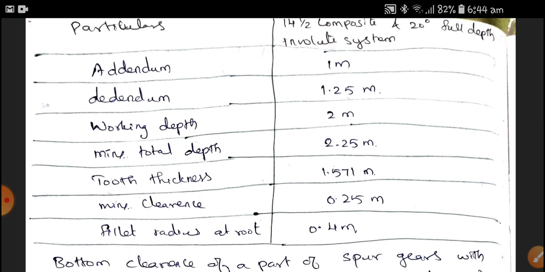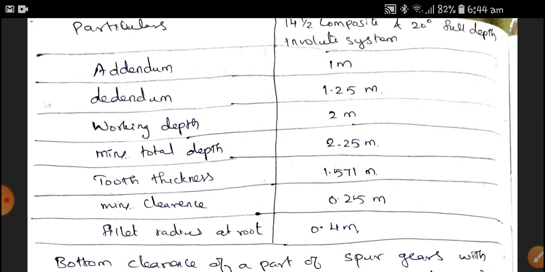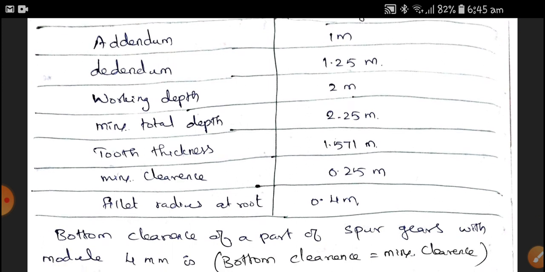First, the addendum of the gear should be one time the module, where dedendum is 1.25 of module. Working depth is equal to 2 module and minimum total depth is 2.25 module, and tooth thickness is 1.571 module, and minimum clearance between the clearance diameter is 0.25 module, and fillet radius on the tooth is 0.4 module.